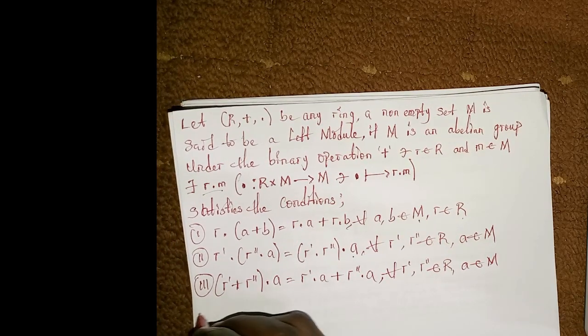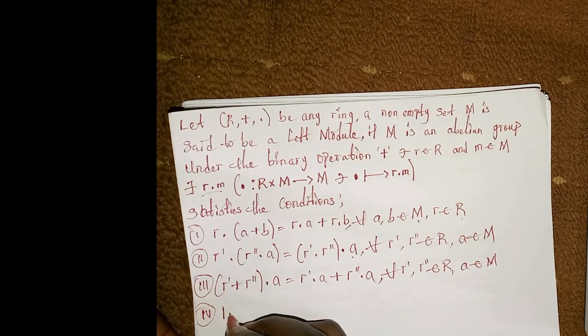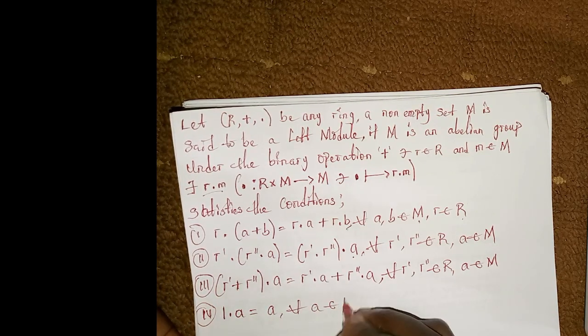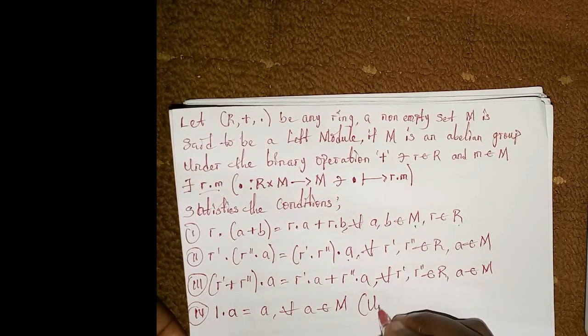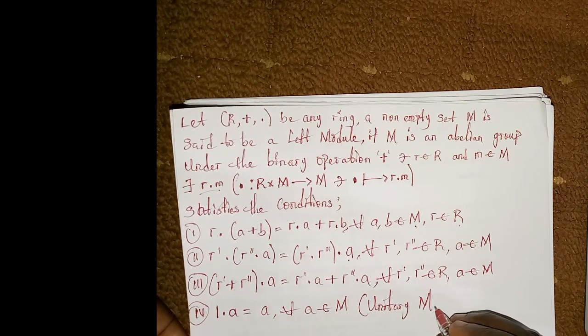And finally, the last condition, which states that 1 dot a is equal to a for all a coming from the abelian group M, in which we call this a unitary module.